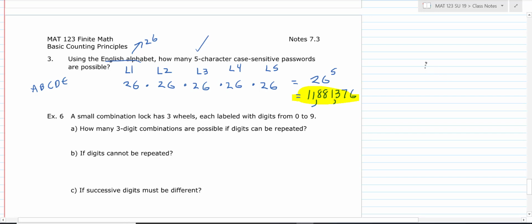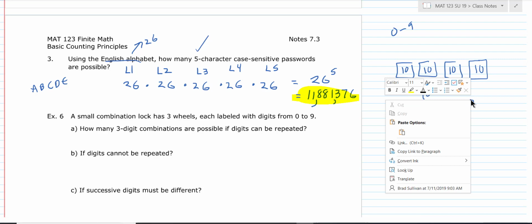For instance, I wanted to mention what I have on my door to my home. It has 4 digits. Well, there's 10 digits, 0 through 9. So if you multiplied that out, 10 to the 4th, you would get 10,000.